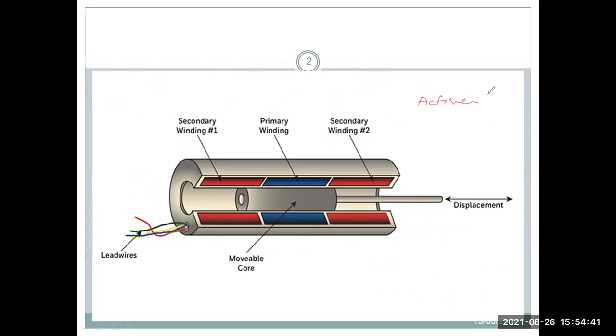Look, the transducer which has the ability to produce the electrical signal from itself is called the active transducer. And the transducer which needs some power externally to operate is called the passive transducer.